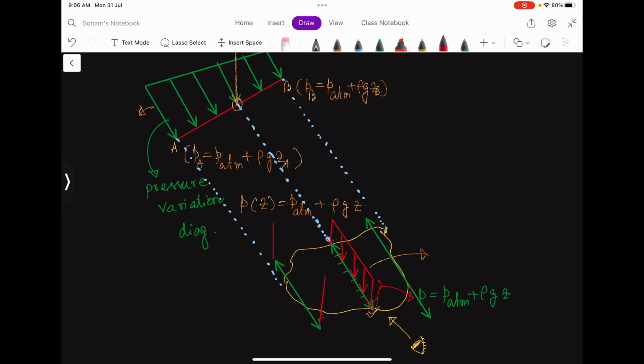Obviously, as this part has no mass, the diagram will not extend till there.